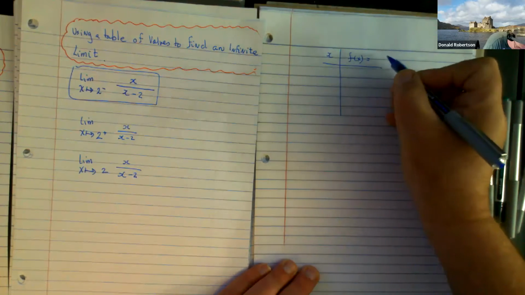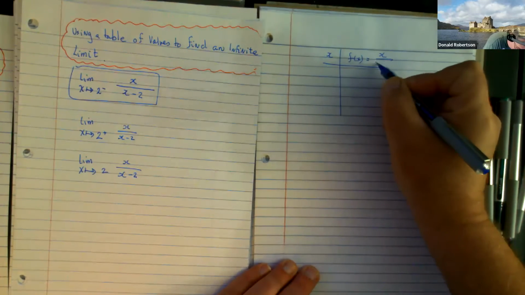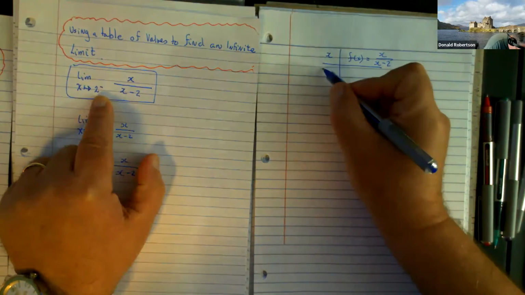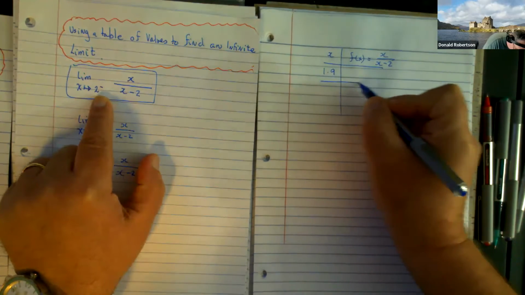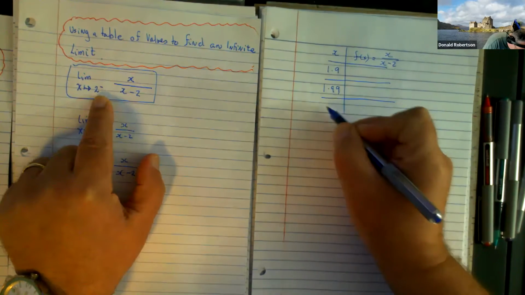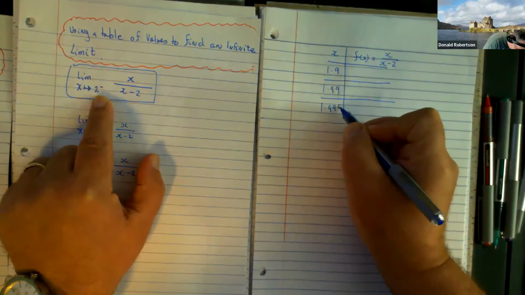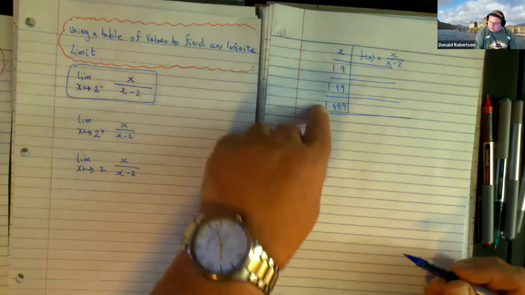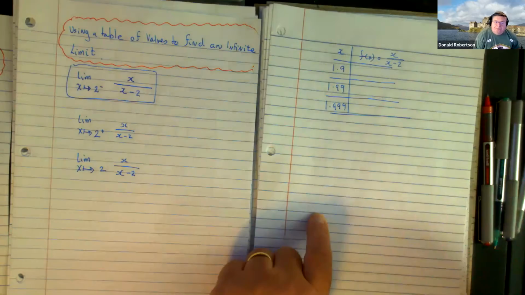And you would choose consecutive values that are getting closer and closer to 2, but from the small side. So how about maybe 1.9, 1.99, and then finally 1.999. Do you see that there's only those numbers, right? I don't have the ones on the other side of 2, for instance, right?